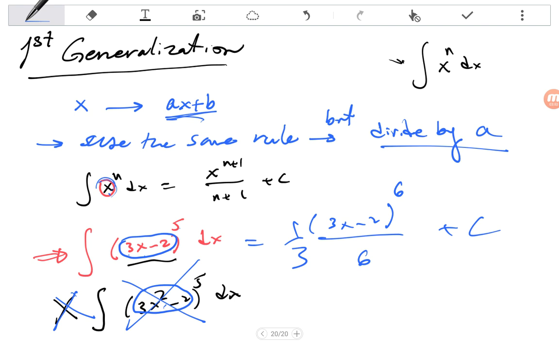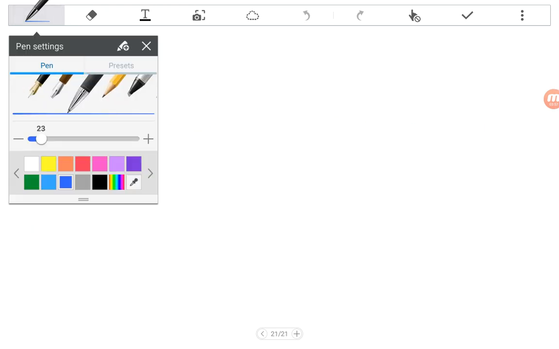So what I will do now is take every expression in the table and put a linear expression instead of x, and I will get a new rule. For example, I had 1 over x dx, the expression was ln absolute x.